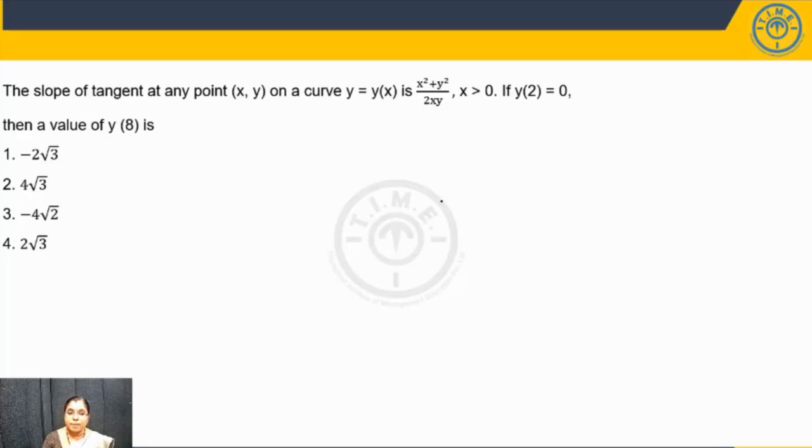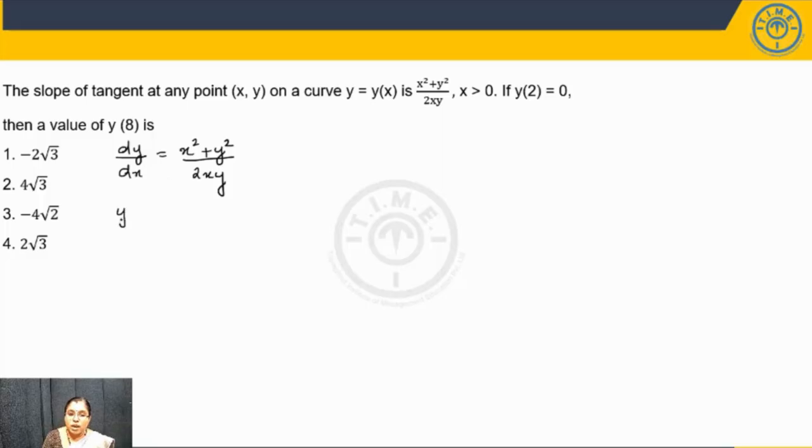Please note the slope of the tangent will be dy by dx and the slope of the normal will be minus dx by dy. So if you don't know this, please note that the slope of the tangent is dy by dx. Given that dy by dx is equal to (x square plus y square) divided by 2xy. So obviously this is a homogeneous differential equation.